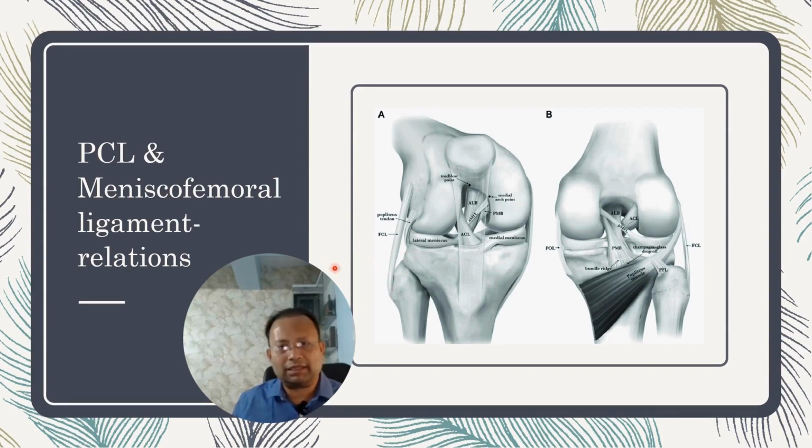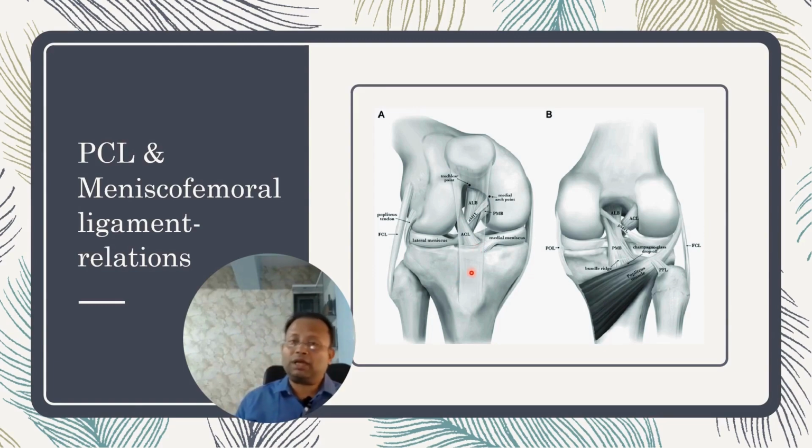So we can understand that in this picture this is the lateral side and this is the medial side, whereas in this picture this is the lateral side and this is the medial side. This is showing the posterior side of the knee, and this is showing the anterior side of the knee because the patella is there. Now, as we are focusing on the most middle 1/3, we know that ACL and PCL, two ligaments, are there.